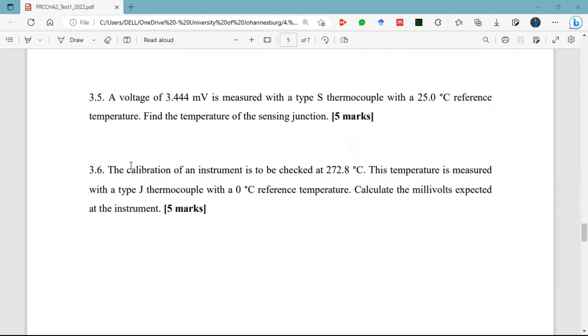All right. The calibration of an instrument is to be checked at that particular temperature there. This temperature is measured with the type J thermocouple with 0 degrees reference temperature. Calculate the millivolts expected there. This is just the same thing, right? Picking from the table.